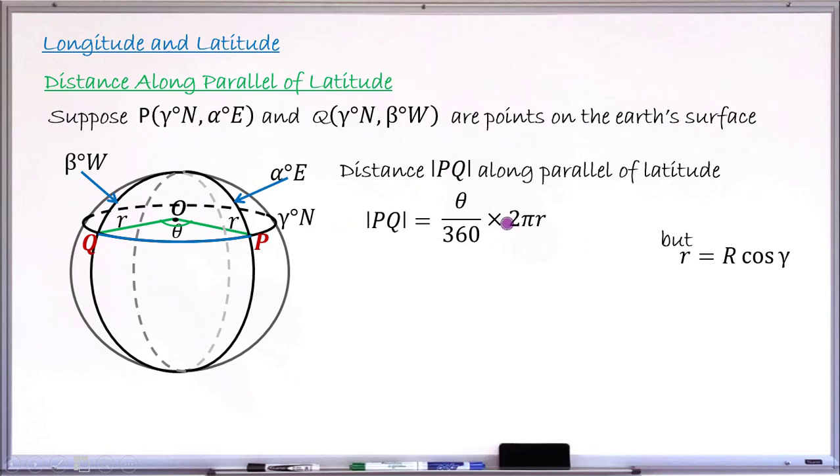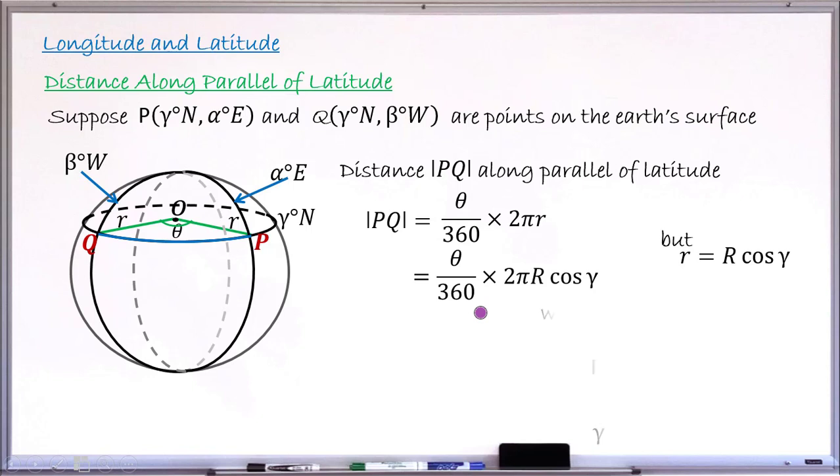So if I now rewrite this formula, removing the small r and writing capital R cos gamma, I'm going to have my new formula as theta over 360 multiplied by 2 pi R cos gamma. This is what we shall be using to find the distance between any 2 points that happen to be on the same latitude.